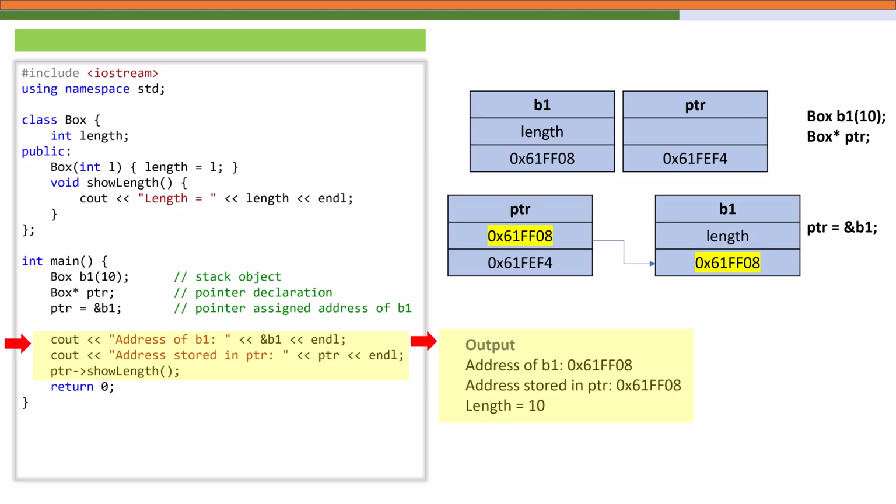Now when we call ptr->showLength, that means go to the address stored in ptr, find the object there and run its showLength function. Inside the function it prints length is equal to 10 to the console. So notice both the addresses are the same. That confirms ptr is indeed pointing to the object b1.